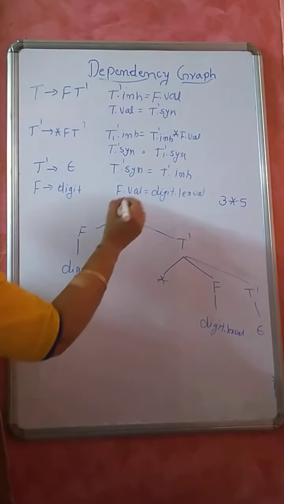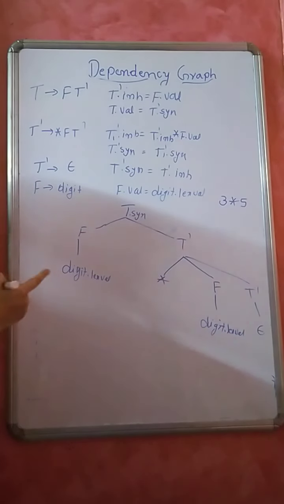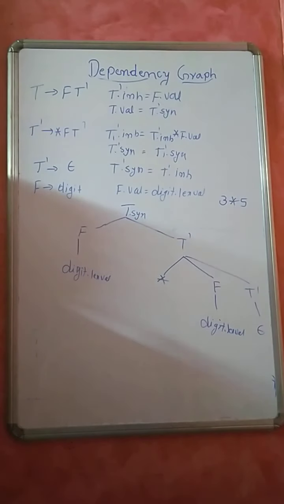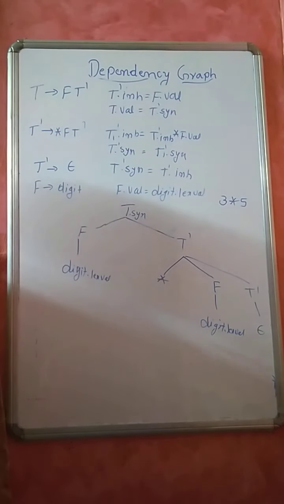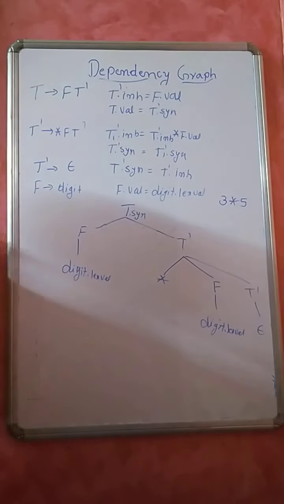Now the values associated with this. Which is the value associated with this one? Synthesized value. For the original grammar symbols, that is T and F, remember this point: only the synthesized value will be associated with them.